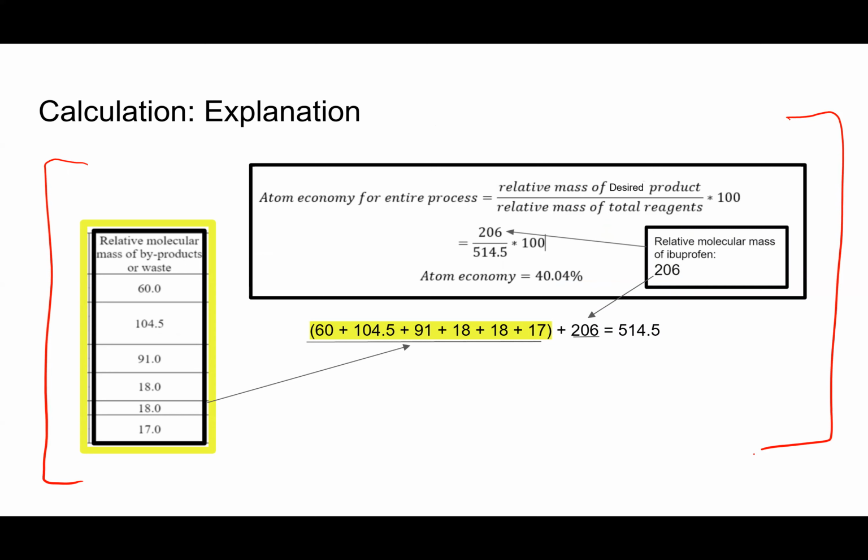Ibuprofen has a molar mass of 206, and the total relative mass of reagents, which is the mass of ibuprofen plus the total mass of every byproduct or waste generated, gave us a total of 514.5. We did the math and we had 40.04.